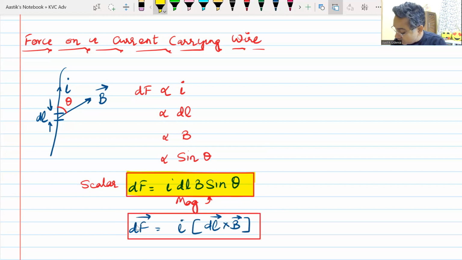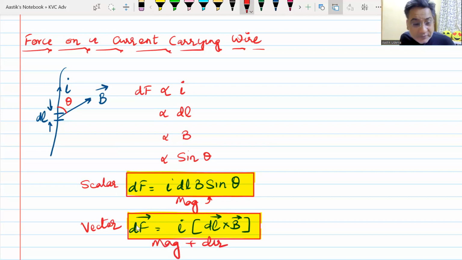If I put everything in vector form, the current carrying element and the magnetic field in vector form, I will get the force in vector form, that means both magnitude as well as direction. But I'm not going to use this, I'm going to use the upper one. So I have to find some way of getting the direction of the magnetic force.